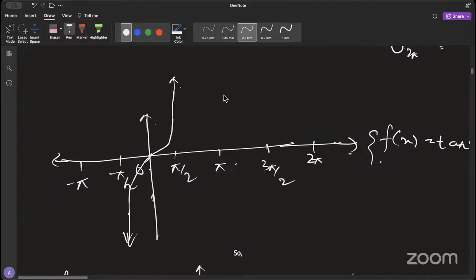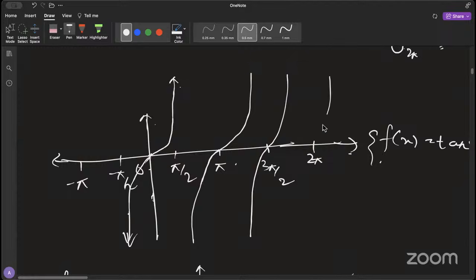So if you see a graph like this, it keeps going on like this. They're all parallel to each other. They're copies of each other, even if I've drawn them slightly differently.